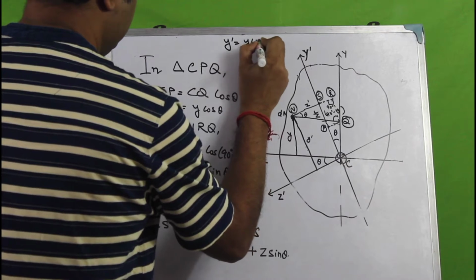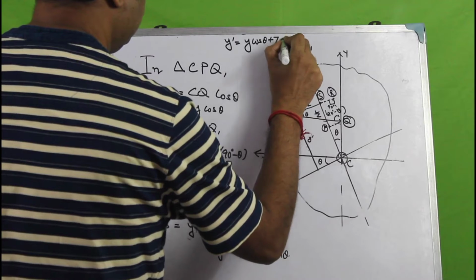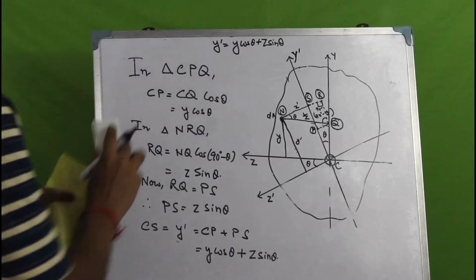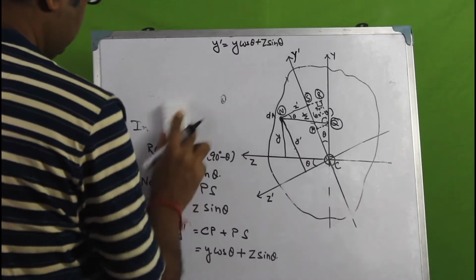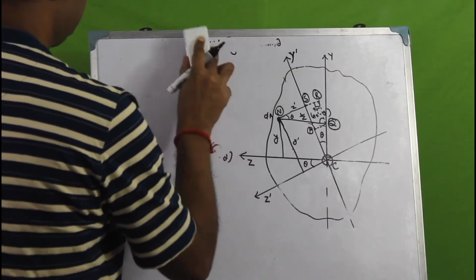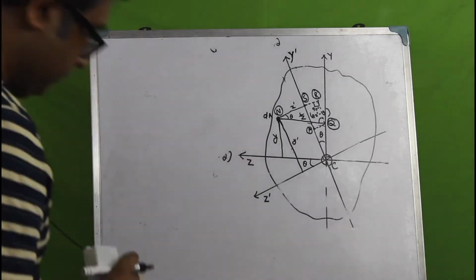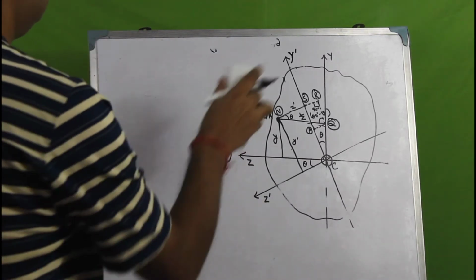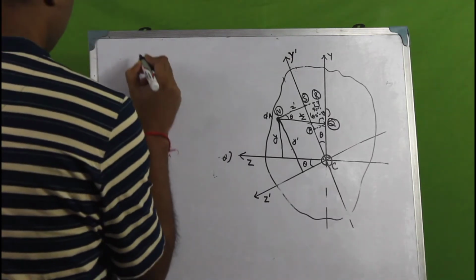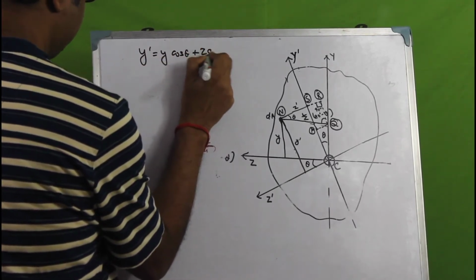So Y dash comes as Y cos theta plus Z sin theta. Now let me wipe this off and we'll retain this result here. So as we have derived, Y dash equal to Y cos theta plus Z sin theta.